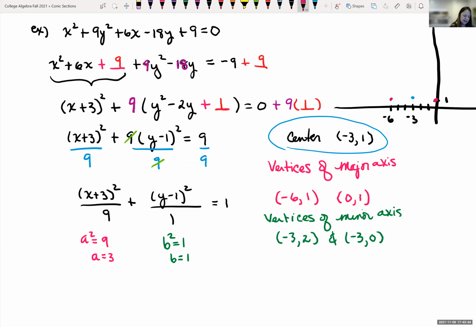Vertices on our minor axis, we have negative 3, 2, and negative 3, 0. So looking at our ellipse, we have something that looks like this.